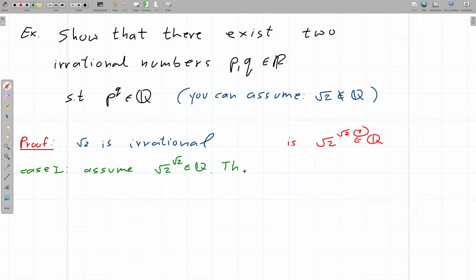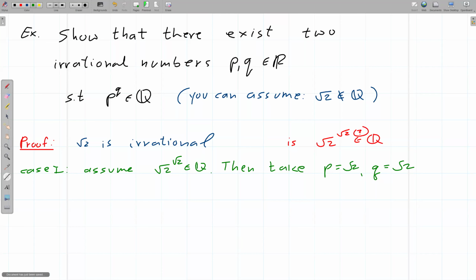Then take p to be square root of 2, q to be square root of 2, and we have found two irrational numbers, p and q, such that p to the q is rational. p is not rational, q is not rational, but p to the q is rational.